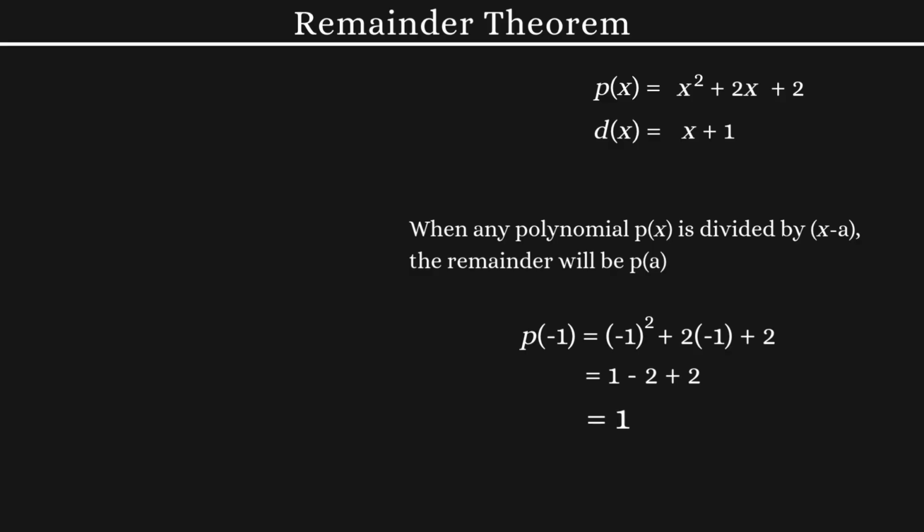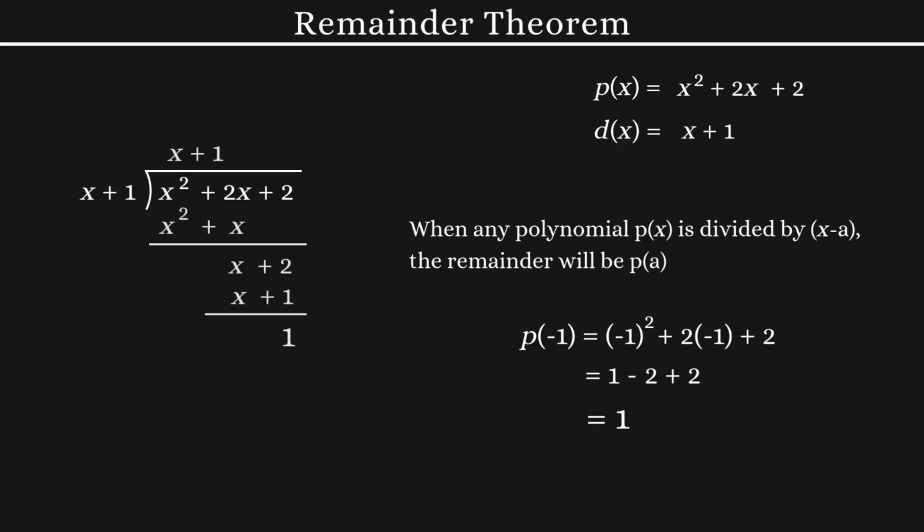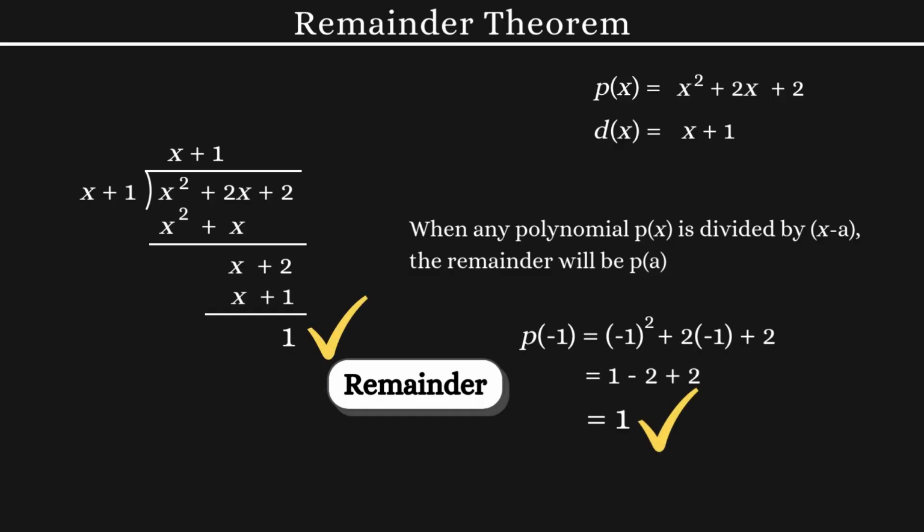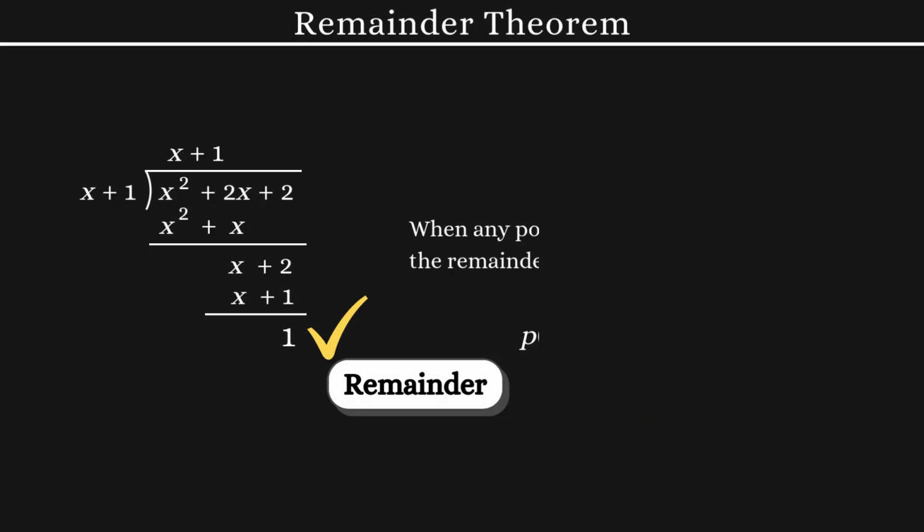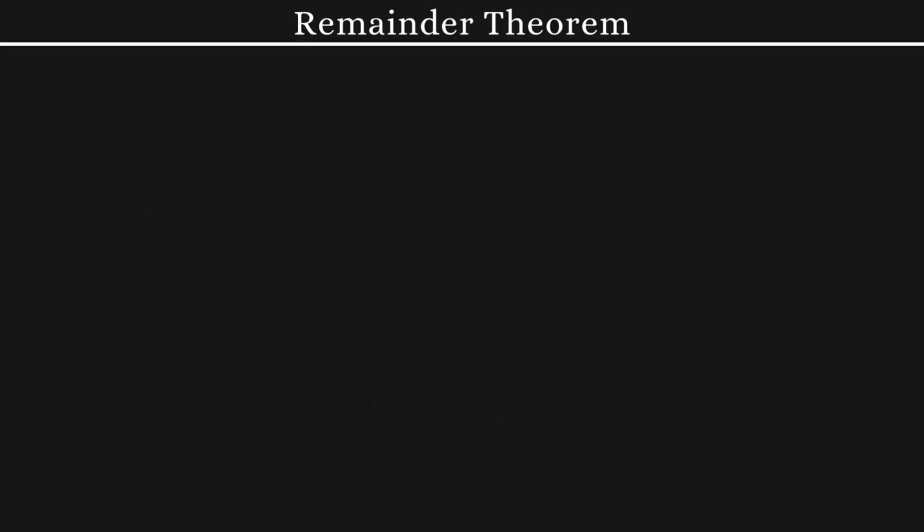Let's verify using long division. You could pause here and do the long division yourself. Here as well, we get a remainder of 1. With that, we'll move to our last example.